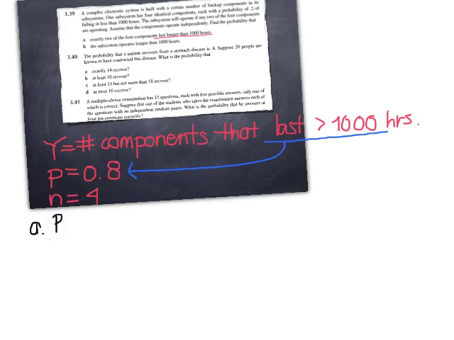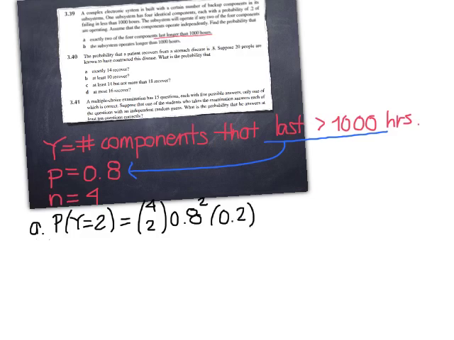So this is the probability of Y equals 2. And the formula says that we have the combinations. Here is 4 and here we have 2. Probability of success 0.8 raised to the power of the number of successes here, 2. And then probability of failure, 1 minus p, raised to the power of 4 minus 2.